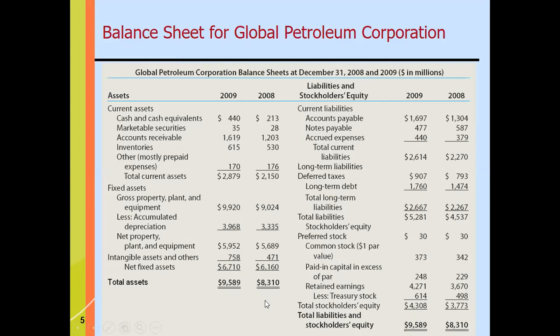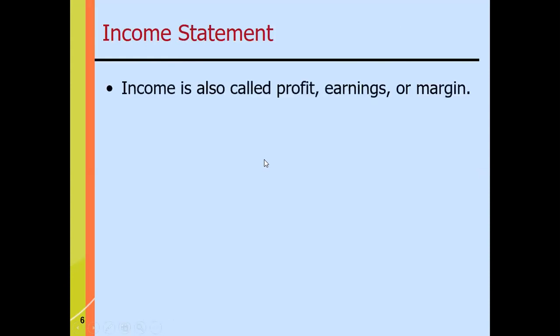So we have here the total liabilities and stockholders' equity. So this is the presentation of the balance sheet, of course, as suggested and shown in our standards, even from IAS 1. Next to that will be the income statement.